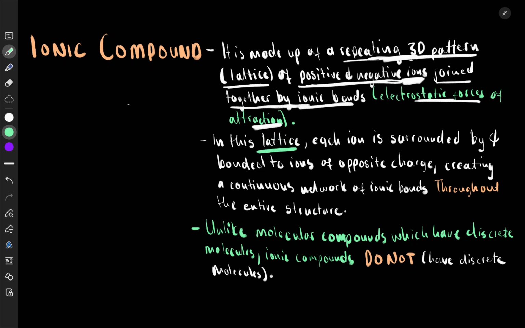Now, look at this, what happens in the lattice. Each ion is surrounded by and bonded, this is the important thing, to ions of opposite charge. They become one, and this creates a continuous network of ions. So they are not separate, but it is one, a continuous network.